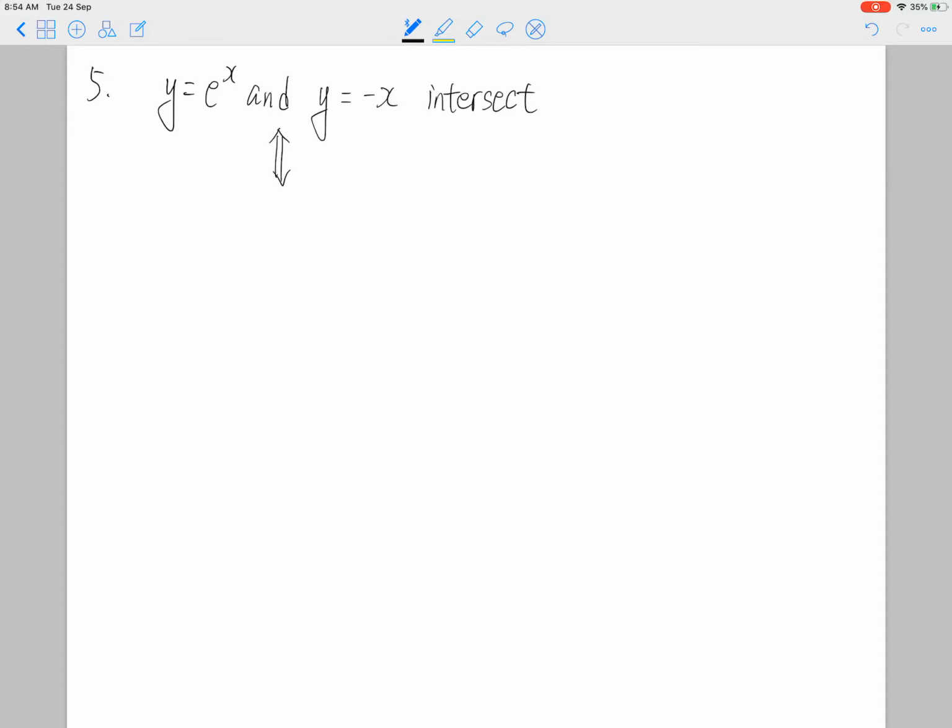This means, if and only if, e to the power of x equals negative x has at least one solution, which just means e to the power of x plus x equals 0 has at least one solution.